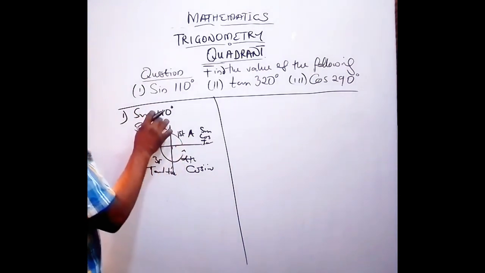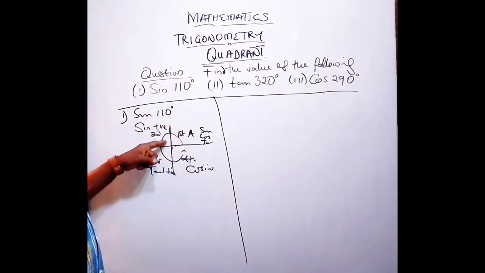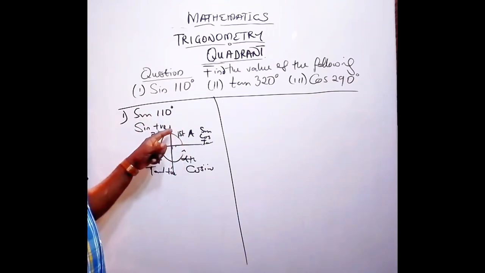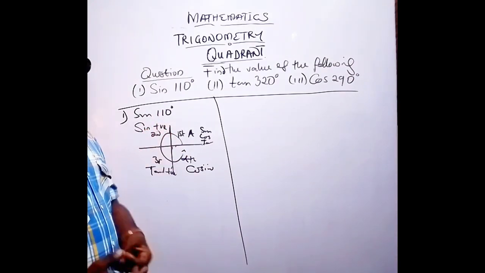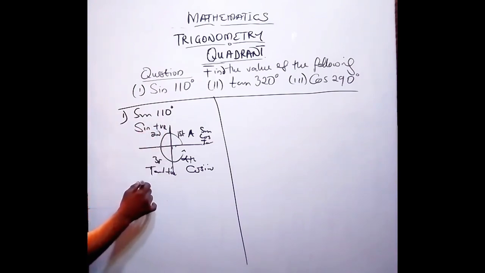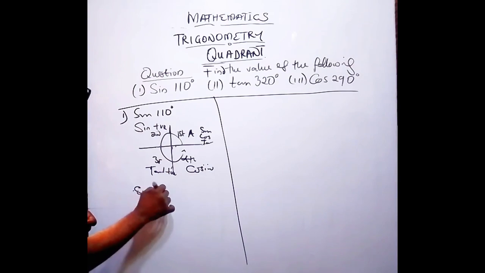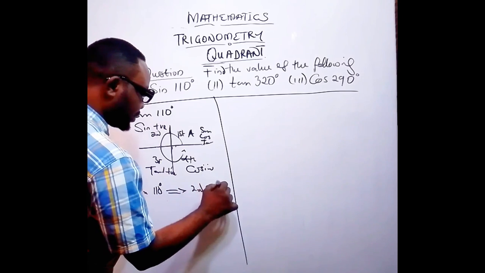From 0 to 90, 110 is greater than 90. From 90 to 180, 110 is between 90 and 180, so it falls at the second quadrant. So sine 110 degree falls at the second quadrant.